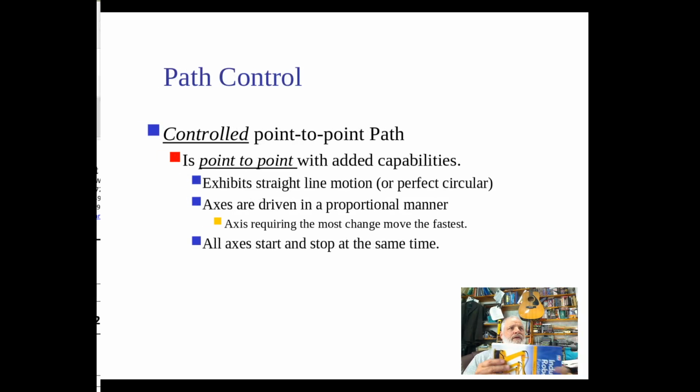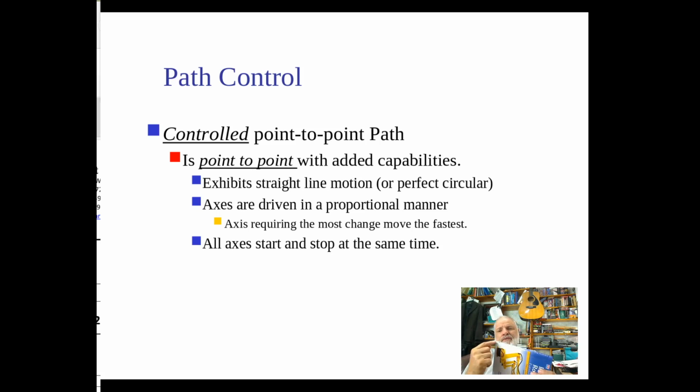Okay, so if you think about going from, say, one edge of this book to the other, in a natural movement, if you were to put your fingertip on one edge of the book and move it over to the other, you wouldn't necessarily move along the edge, even though technically the shortest distance is a straight line. When we move our hands, we would not naturally move it straight down the edge of the book.